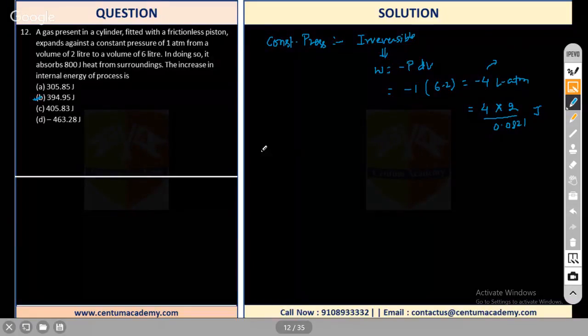Now we can use the first law of thermodynamics because the question says, in doing so, it absorbs 800 joule of heat. So Q is equal to plus 800 joule.